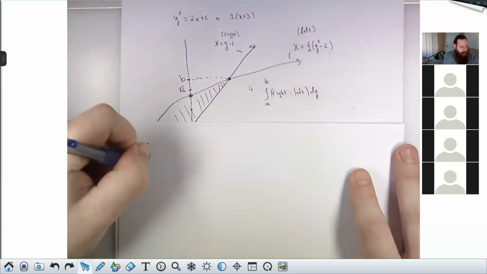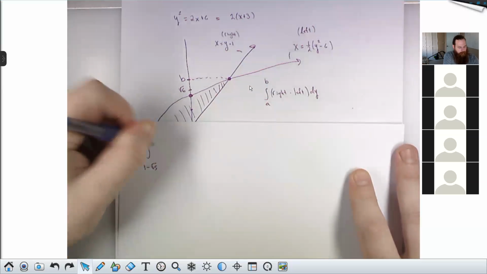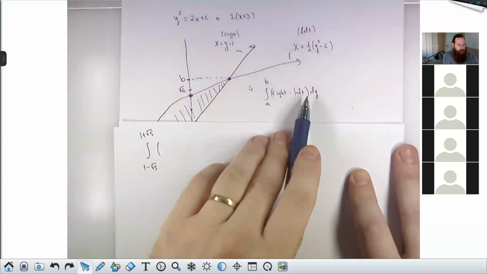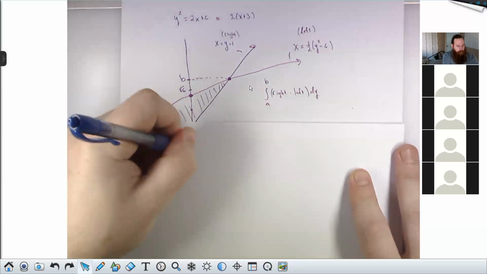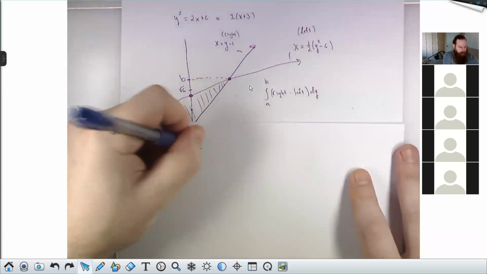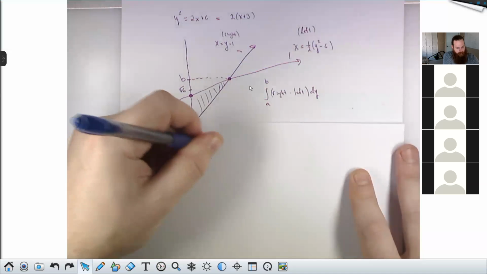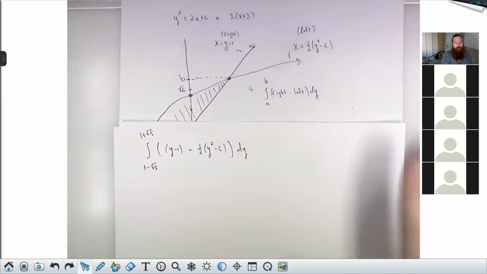It will be the integral from 1 minus the square root of 5 to 1 plus the square root of 5. The right minus the left. The right is y minus 1, minus the left, which is 1/2 y squared minus 6. And the integral is done dy.